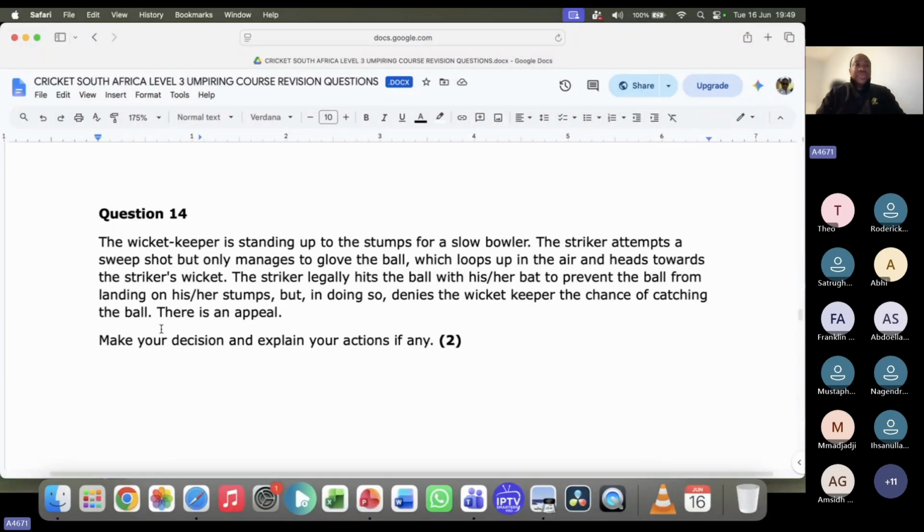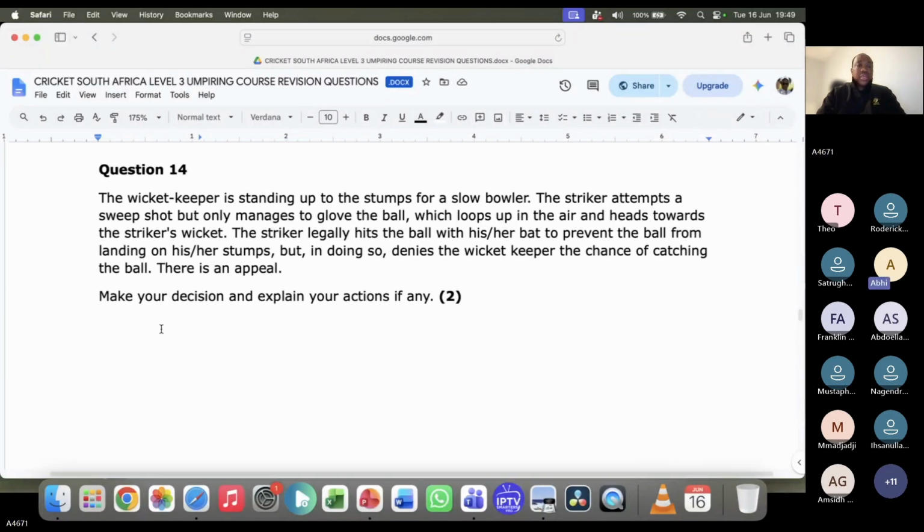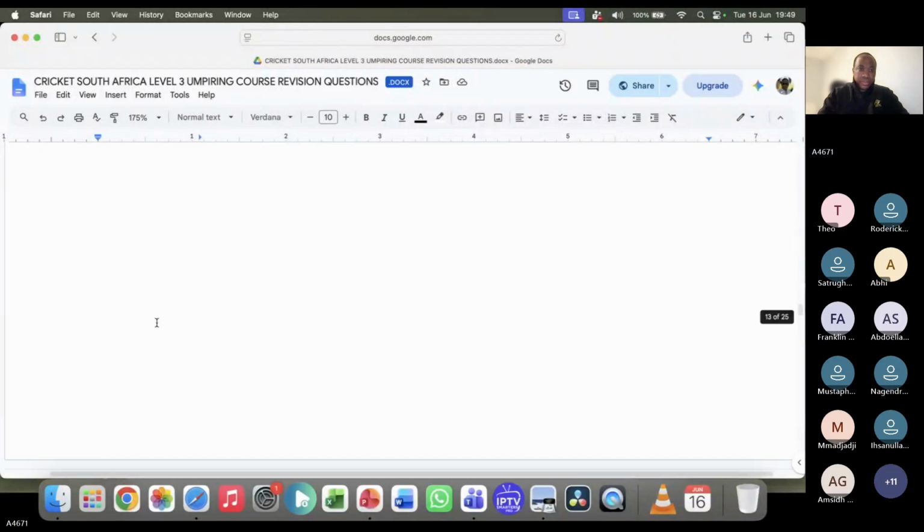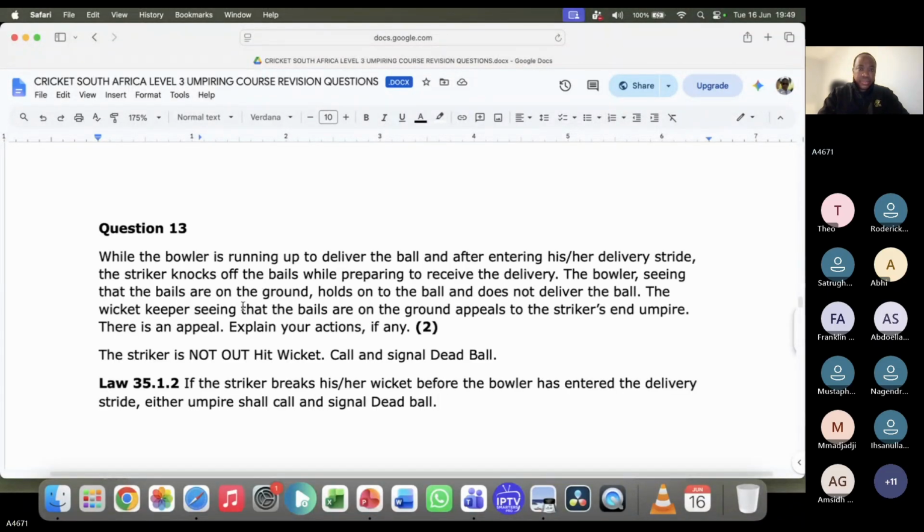Next question. But Tom, one doubt I have. The question says after entering his or her delivery stride, right? Oh, apologies. So the actual answer then, or the law that is relevant to this scenario, is that the bowler did not deliver the ball.